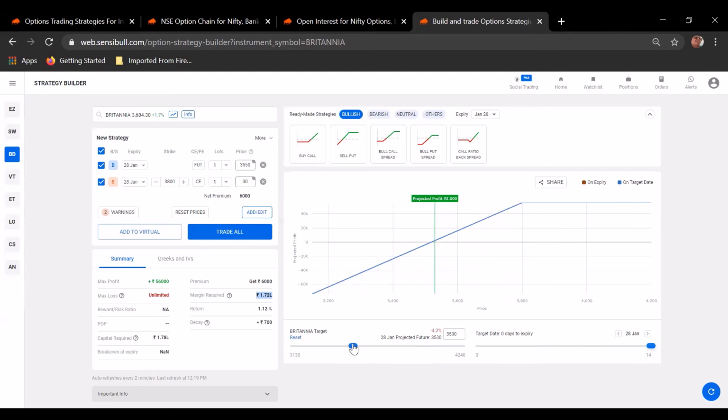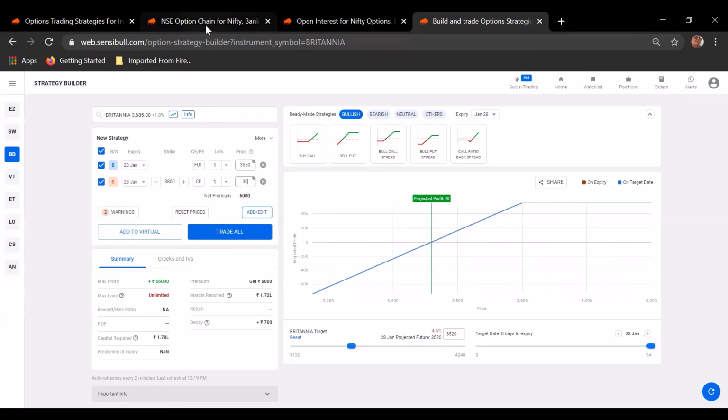This one shows me that if it goes down to 3,520, that's where I can make a loss, because the 30 rupees on the option that I sold protects me from a loss until this point. Of course, I can always add more hedges and do a lot more things, but this is basically what will tell me what positions to take.